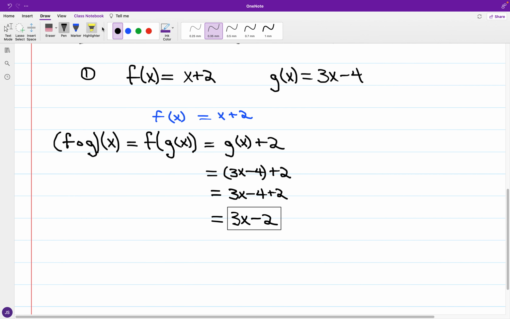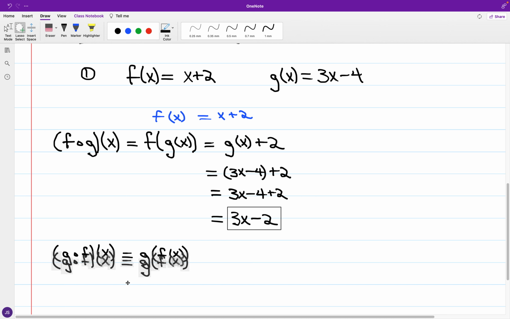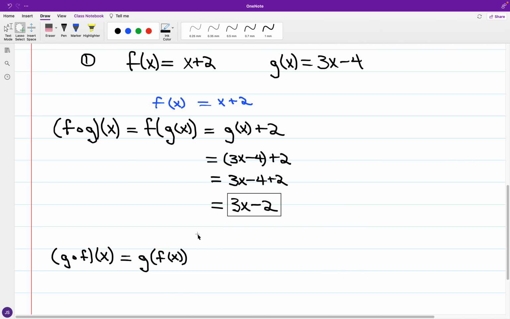Now for the reverse order, I have g composed with f of x. So in the case of g of f of x, the outside function is going to be g.